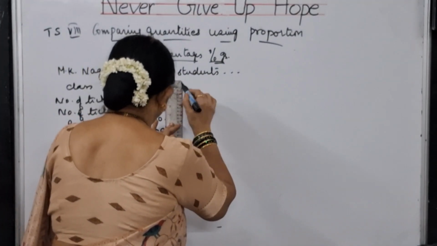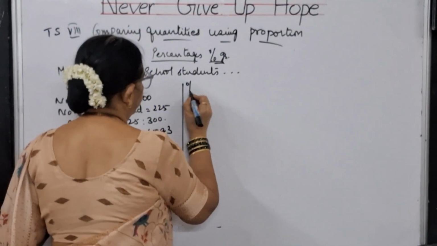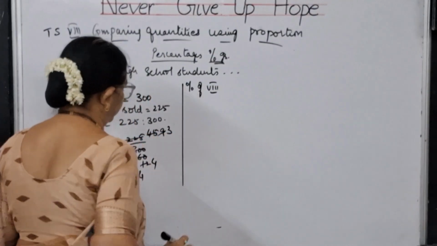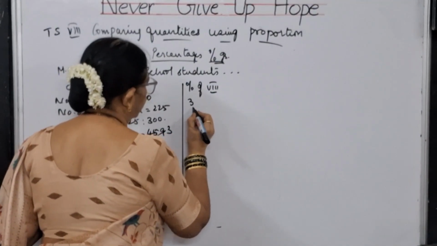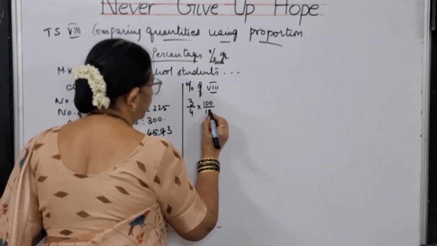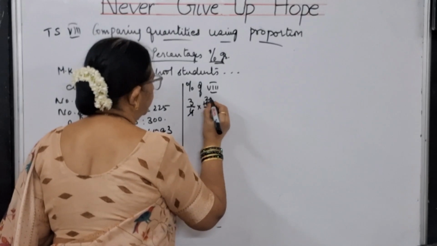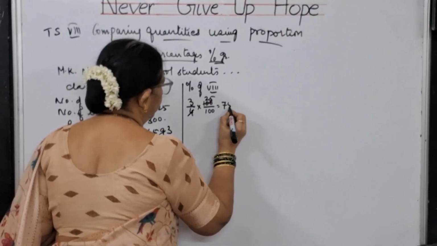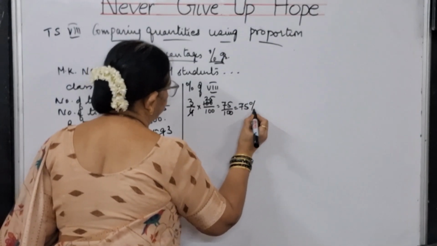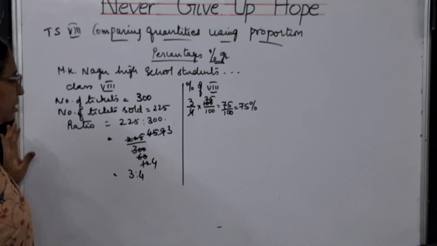How to calculate the percentage for 3 is to 4? So percentage of 8th class: 3 by 4 into 100 by 100. If you do, you will be getting percentage. 4 ones are 4, 4 twenty-fives are 100. That is 75 by 100. That means 75% of the tickets are sold by 8th class.